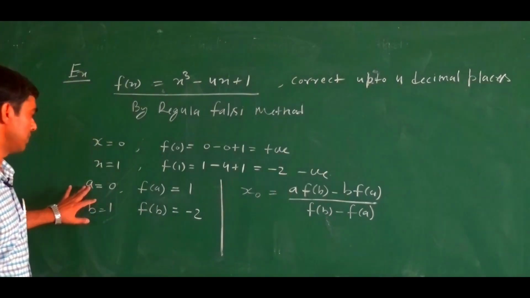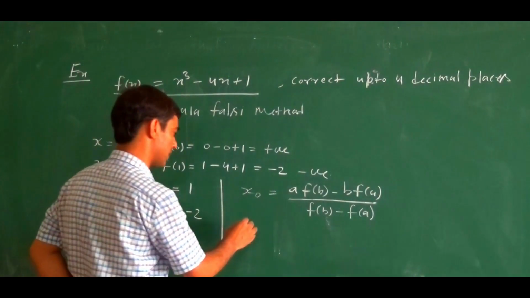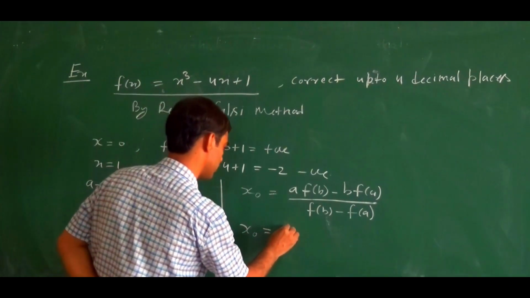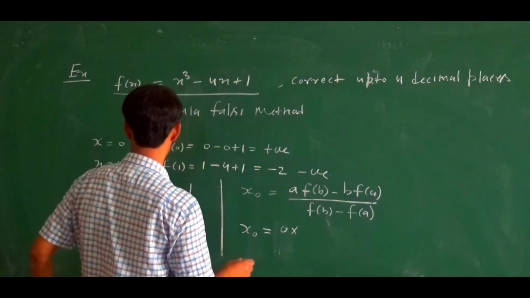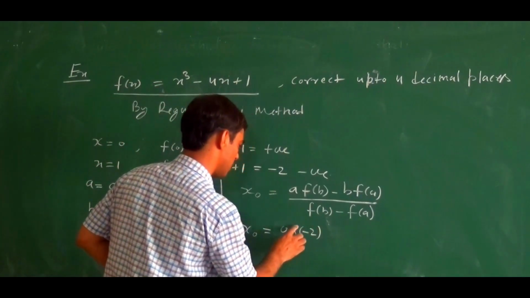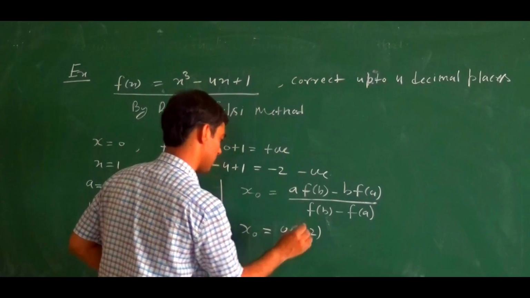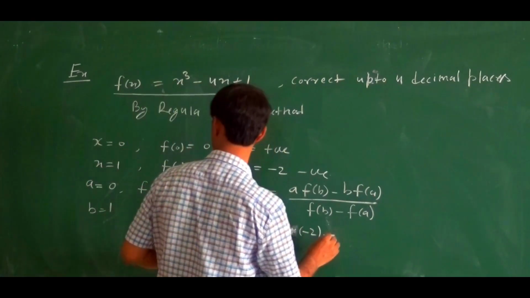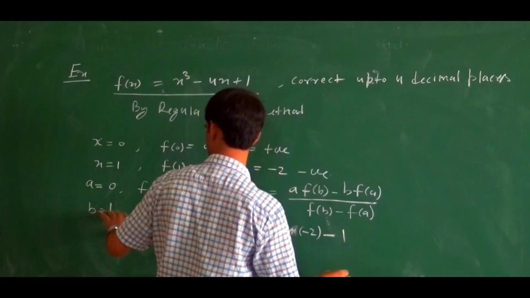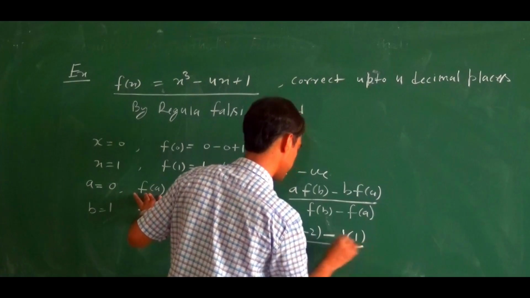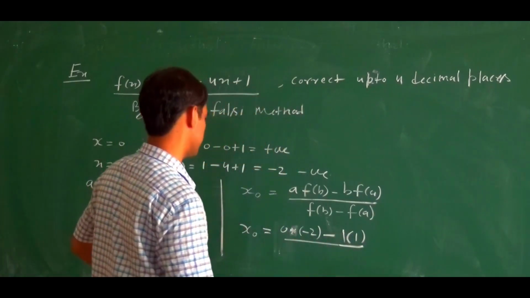Now we put in the values: x0 equals 0 into f of b, which is minus 2, minus b, which is 1, times f of a, which is 1, divided by f of b minus f of a.